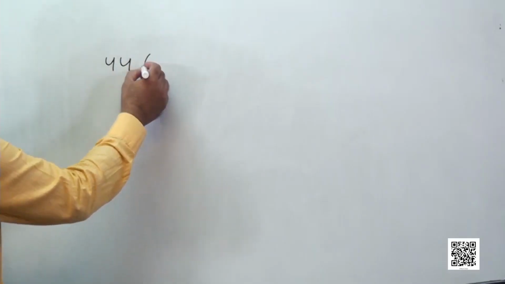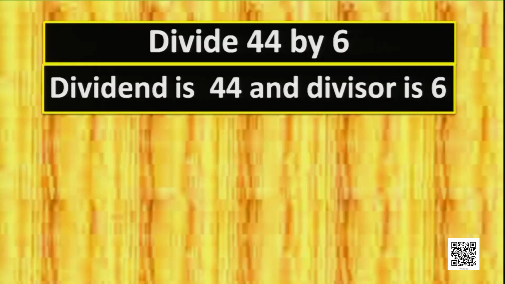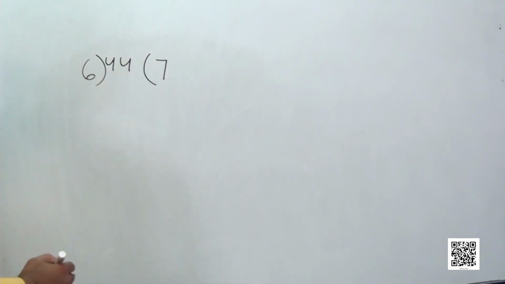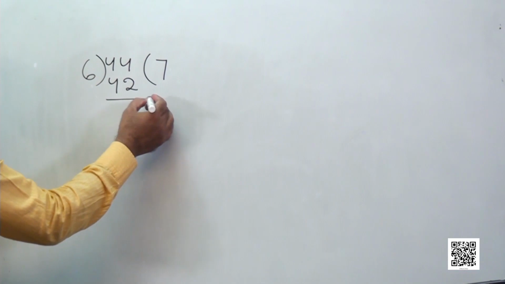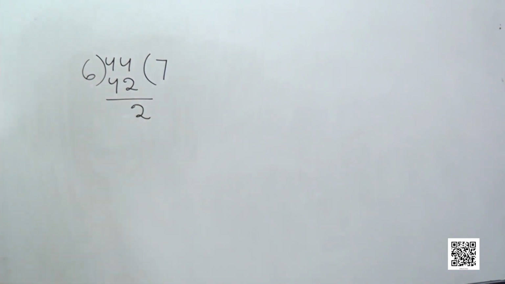44 divide by 6. Here dividend is 44 and divisor is 6. So the quotient will be 7 and we will get 42, and from this we have the remainder as 2.